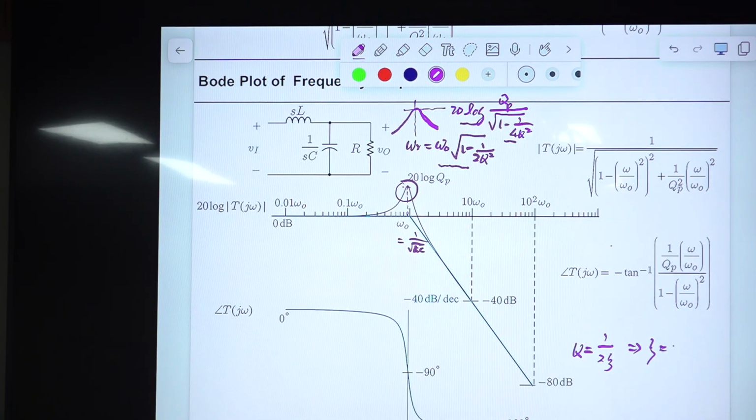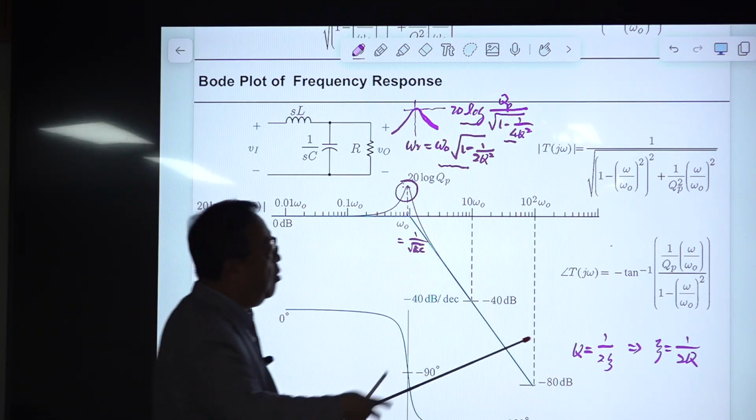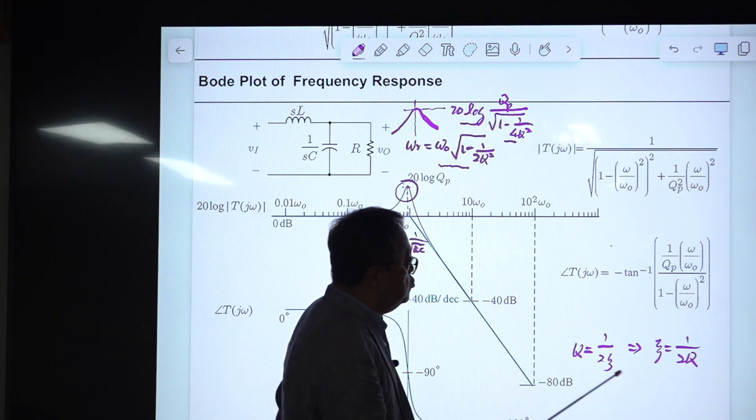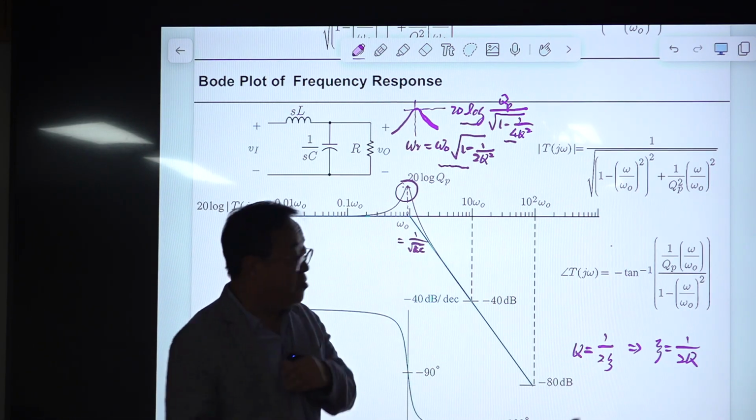It is the same equation: zeta is 1 divided by 2Q. This is used in electronics or power electronics, and this definition is used by control people.